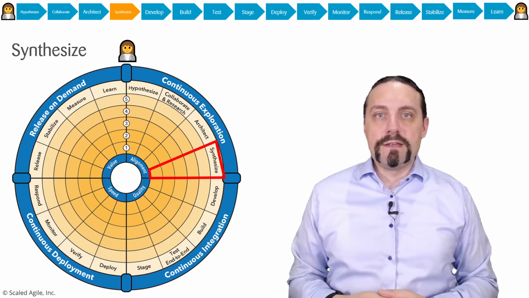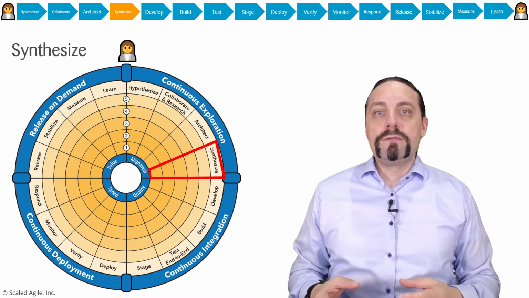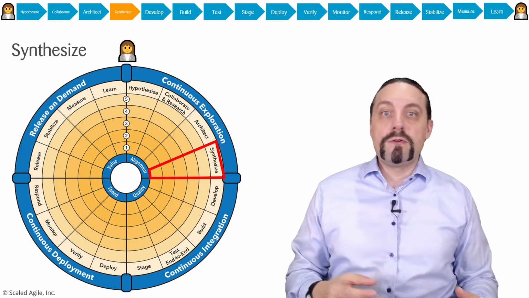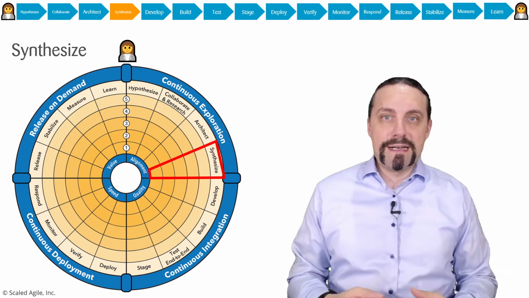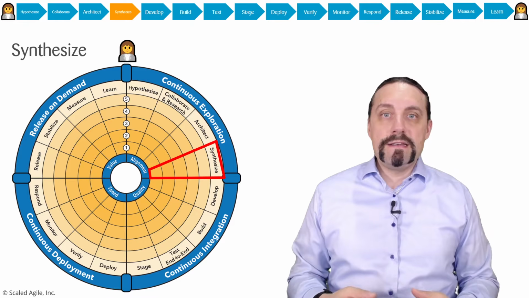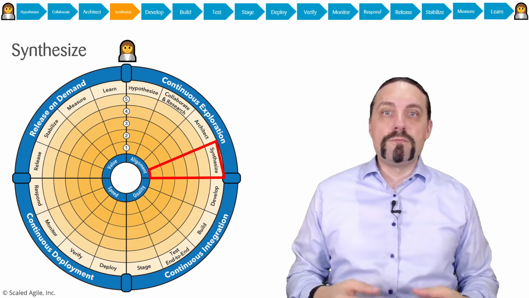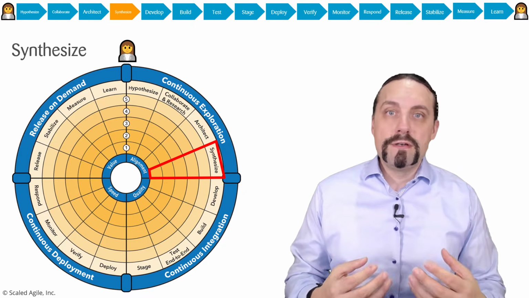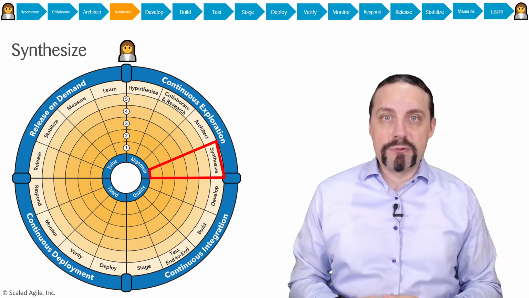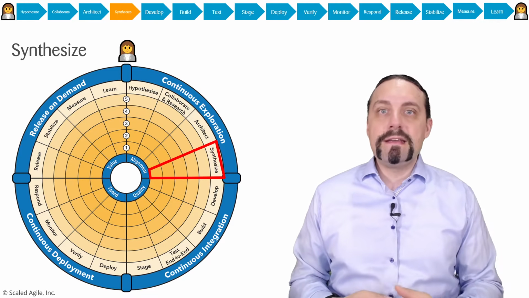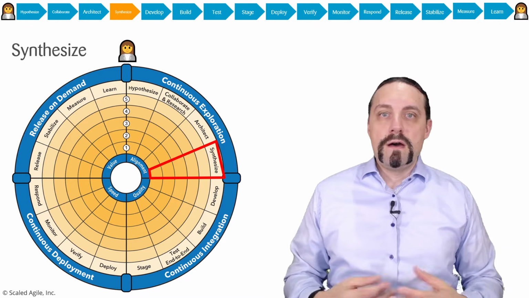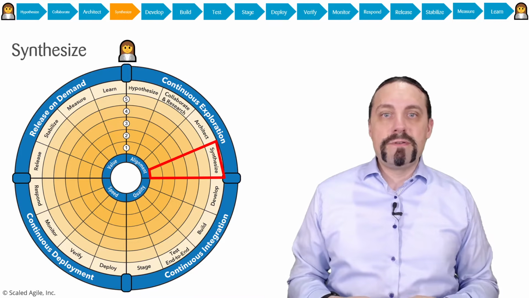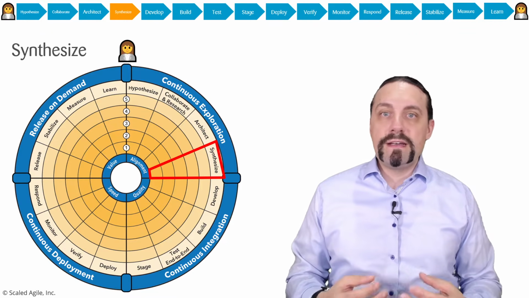In my previous videos, I showed you that the customer or also the business has ideas. These ideas are put into epics or epic hypothesis statements in the hypothesis step. After the hypothesis step, we are going to collaborate and research.